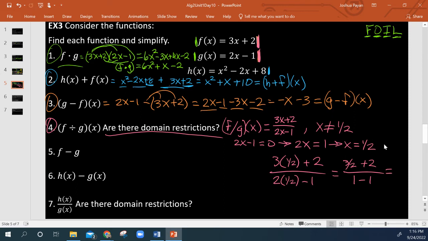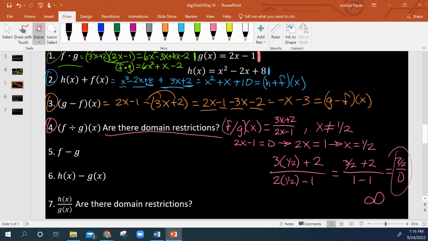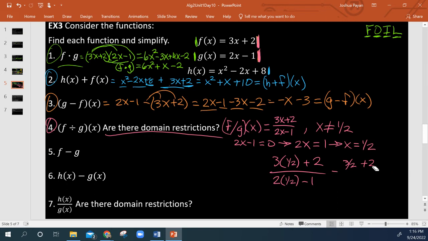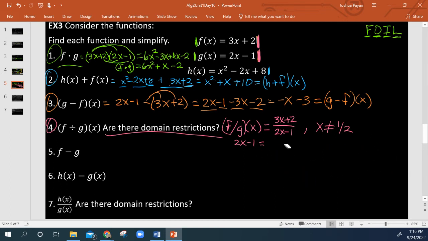That, by the way, would be 7 over 2, or 3.5, over, well, this ends up just being 0. And now we see we're dividing by 0, and we would end up with infinity, right? So we don't want to mess with that. So we would go ahead and just say our domain restriction is simply x cannot be 1/2.